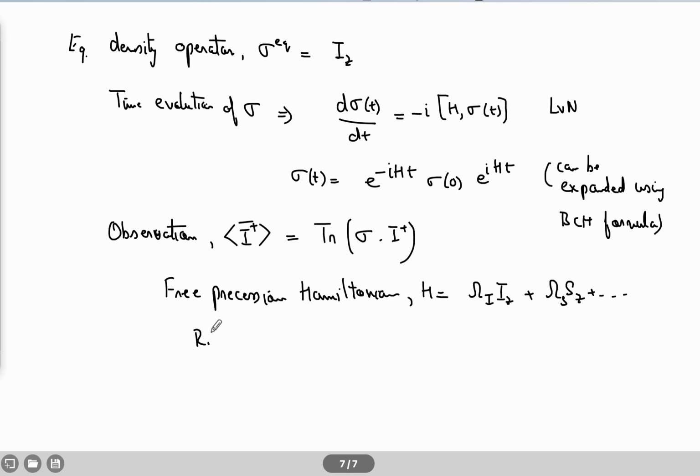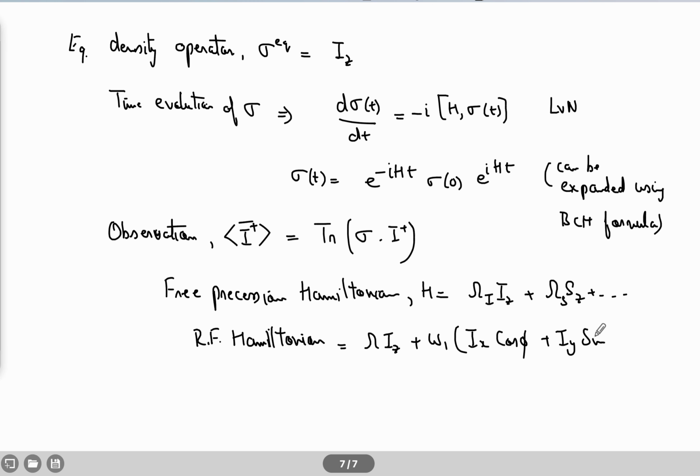Then RF Hamiltonian, this is given by offset Iz plus omega 1 Ix cos phi plus Iy sin phi. This is again a general Hamiltonian. You can find out, depending on the offset and the phase value of the pulse, what will be the exact Hamiltonian, right?